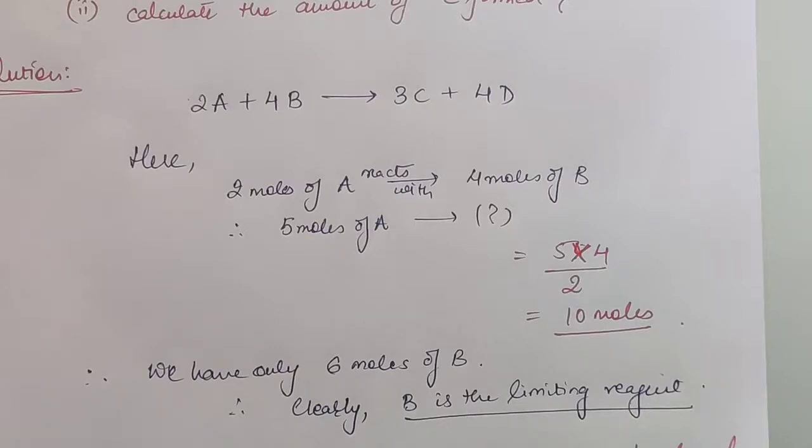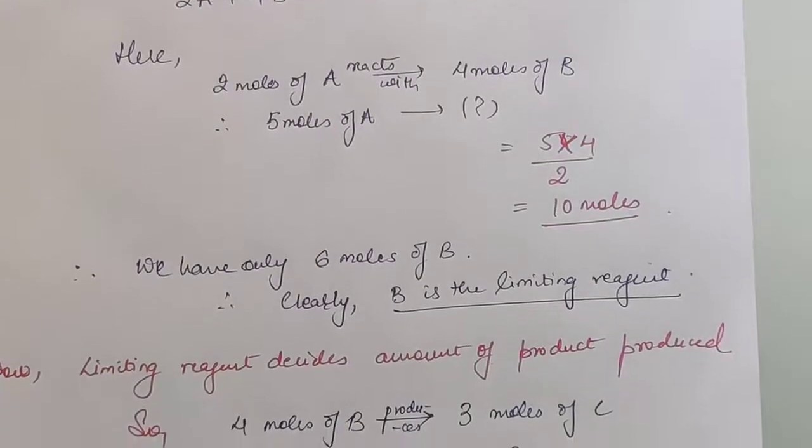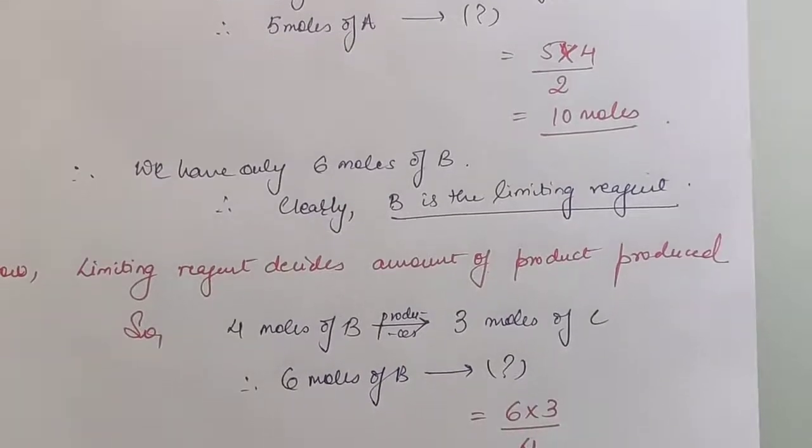Clear? Now I told you in that question also that the limiting reagent is the only factor which decides the product being formed. So the limiting reagent decides the amount of the product produced. That is why the amount of C formed will be found from B, students.